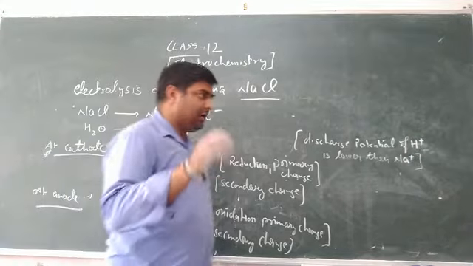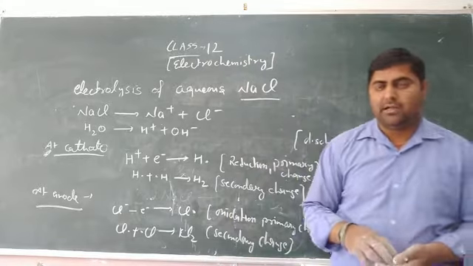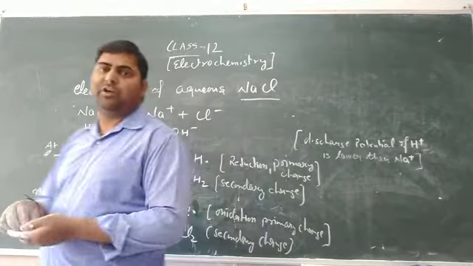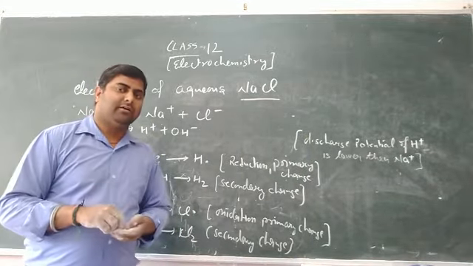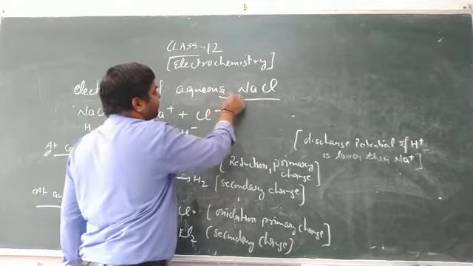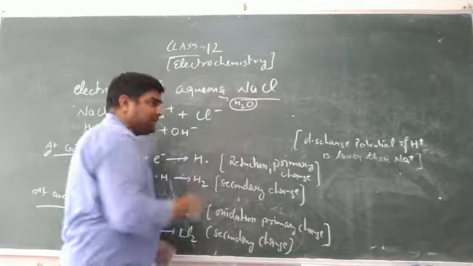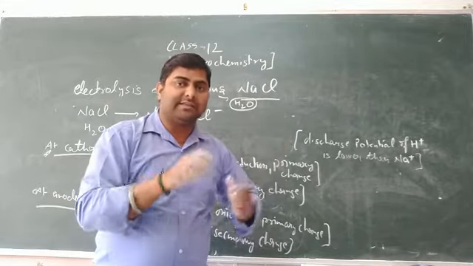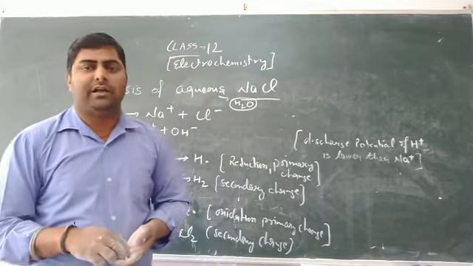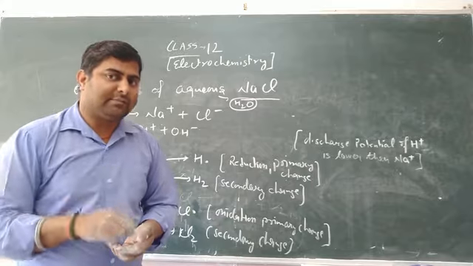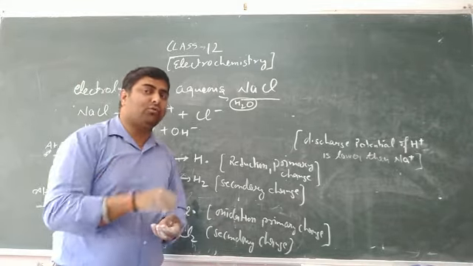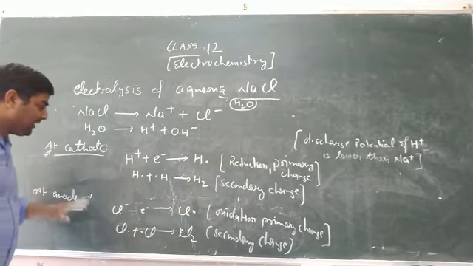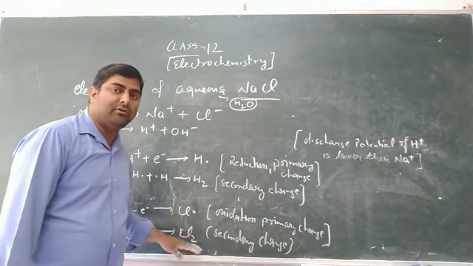Now let us discuss a very important concept. The concept is the electrolysis of aqueous sodium chloride solution. Keep in mind, aqueous means water. So when we dissolve NaCl in water and carry out the electrolysis process, you will be quite surprised to see that instead of getting sodium, we get hydrogen at the cathode and we get chlorine gas at the anode.